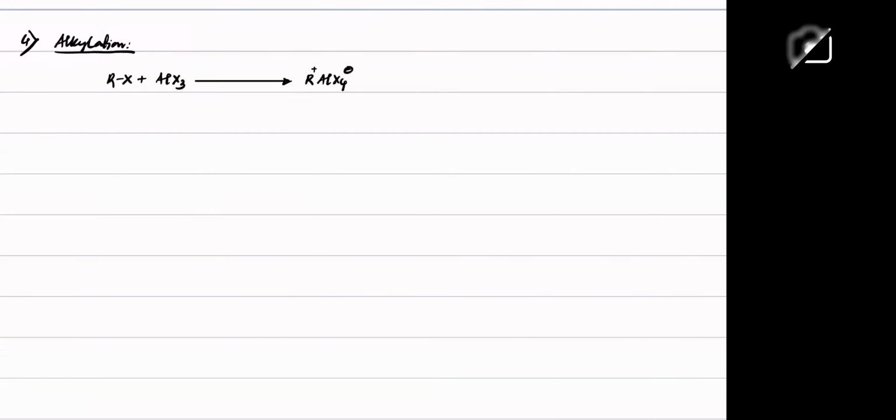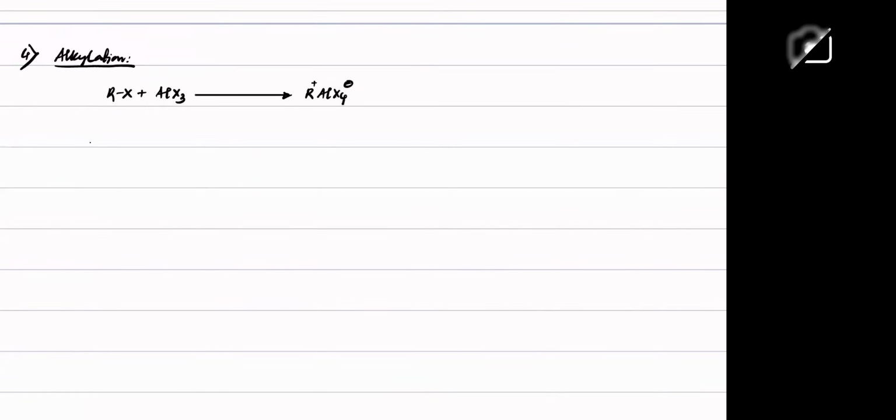Now what all things we need to check here? Suppose you have a primary position like this, an alkyl halide. If you take AlCl3 at low temperature, no carbocation, then you do not make any carbocation.